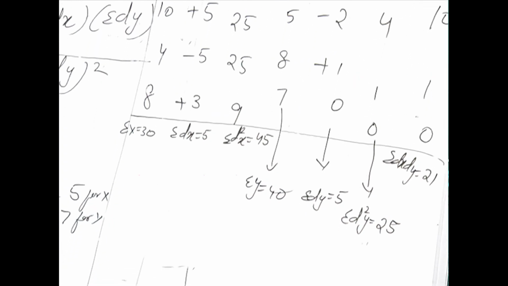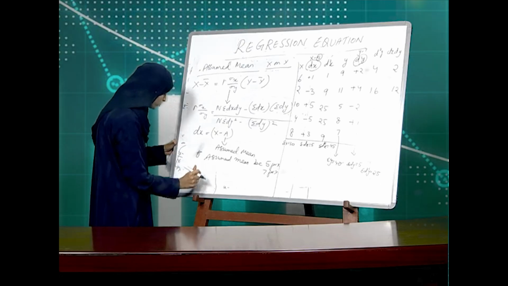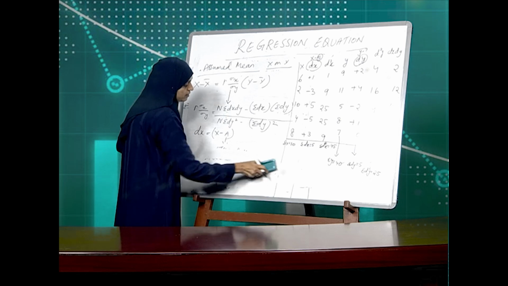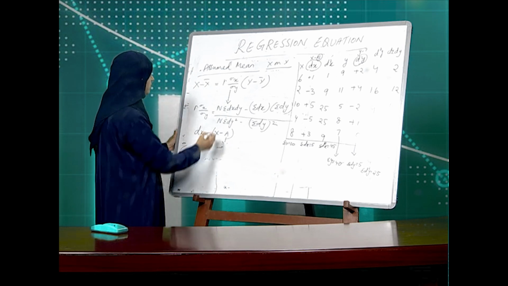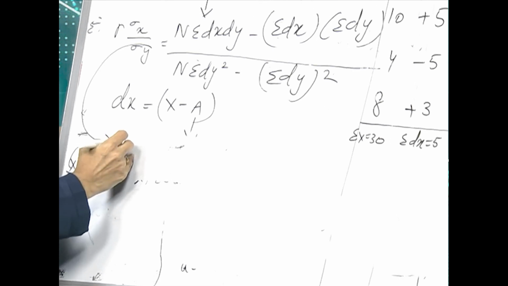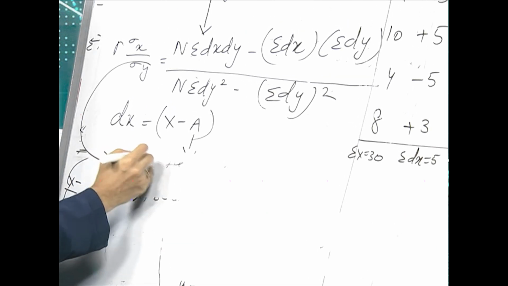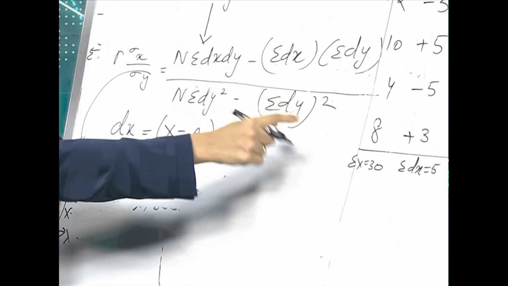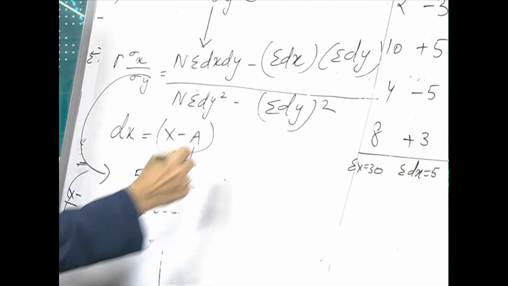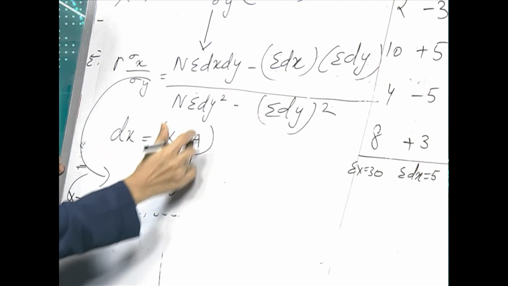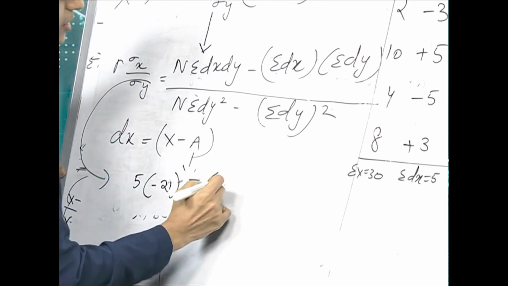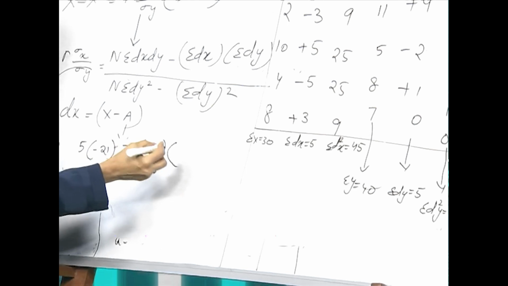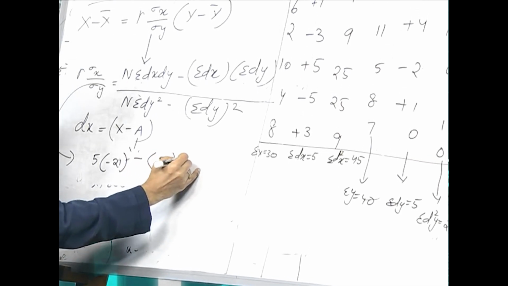Now, all the values I will just substitute in this particular formula. So, if I substitute, I shall try to get the equations there. When I am substituting, n is 5. So, first I will take into consideration all the values: 5, sigma dxdy, which I got as 21, minus dx is 5, dy is 5.